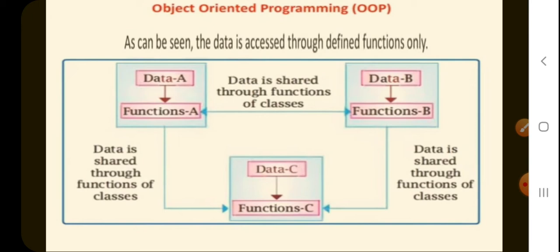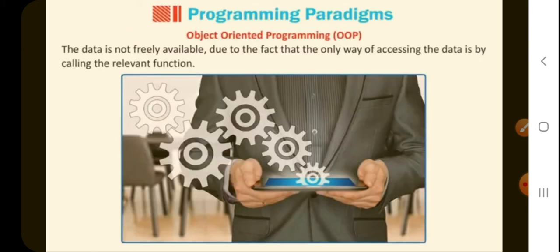It cannot directly access data B. Data is shared through functions of the classes only. Understood? The data in object oriented programming is not freely available, due to the fact that the only way of accessing the data is by calling the relevant function.